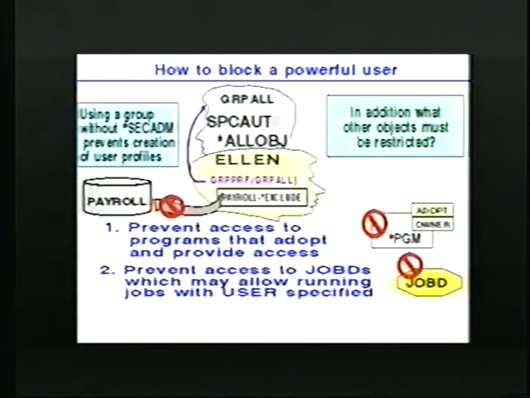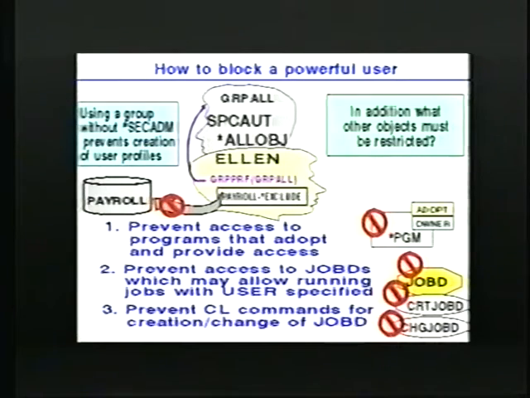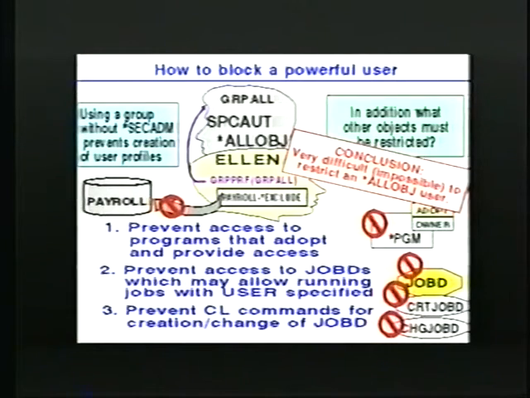More than that, if there are job descriptions that allow running of jobs as other user profiles, then Ellen could use those job descriptions on the system because she's authorized to the job descriptions. We'd also have to keep her from creating new job descriptions or changing existing job descriptions, or actually Ellen is authorized to every user profile in the system, so Ellen could run jobs as other users.